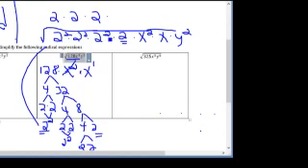This is a mistake that many people probably make when your teacher throws you a curveball. This still, because we cannot break this down, there's no number that goes into itself. This is just 2, so there's no way to break this number down. So it remains in the box.